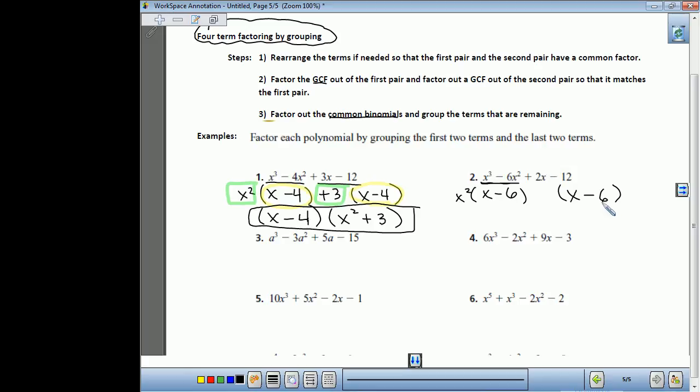So what do we have to divide out so that we're left with x minus 6? A positive 2. So now we're going to factor out what they have in common, x minus 6, and then we're going to group what's left.